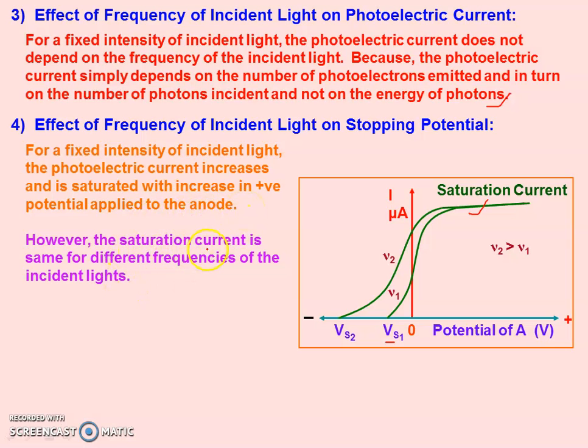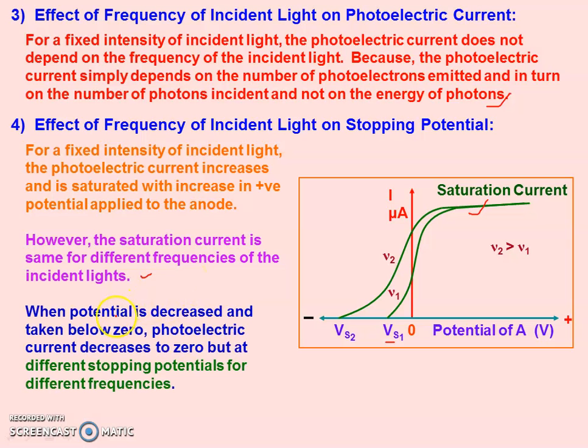However, the saturation current is the same for different frequencies of incident light, correct? When potential is decreased and taken below zero, photoelectric current decreases to zero, but at a different stopping potential for the different frequencies, right?